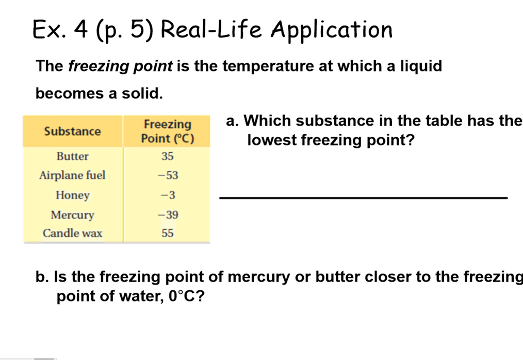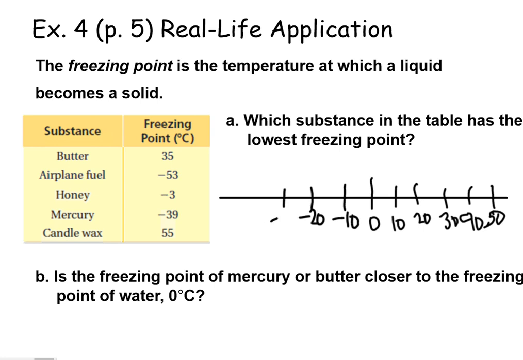So for A, I'm going to graph each of these points on a number line. So I'm going to say here is 0, and I'm going to move by tens, 10, 20, 30, 40, 50. And to the left of 0 is -10, -20, -30, -40, -50.